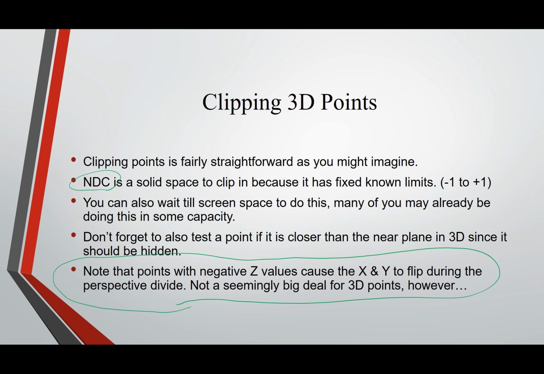Because remember, our view space Z value becomes our W value. And if that's negative, remember, you're dividing things by that value. So if you have a -1 and you have some positive X and positive Y, you can cause the sign to flip on those X and Y values when you do the perspective divide.